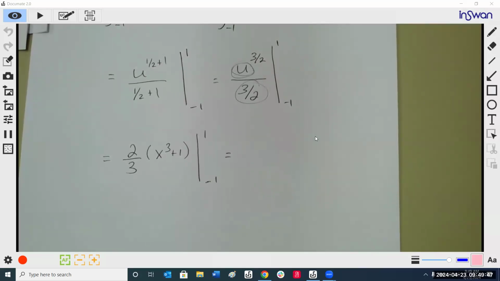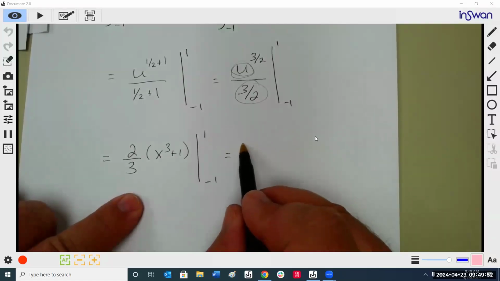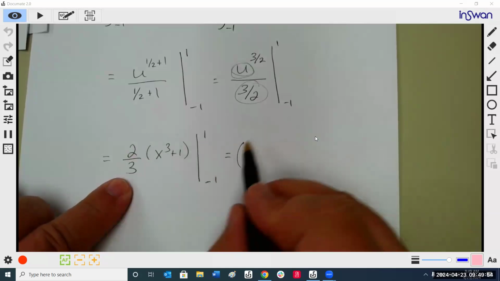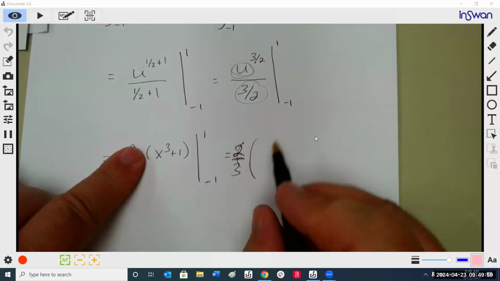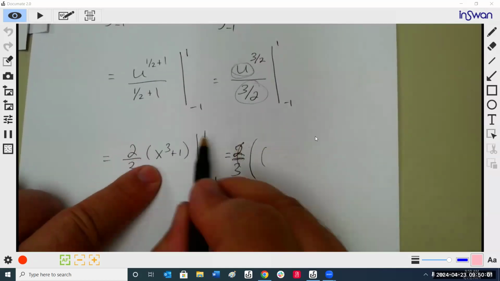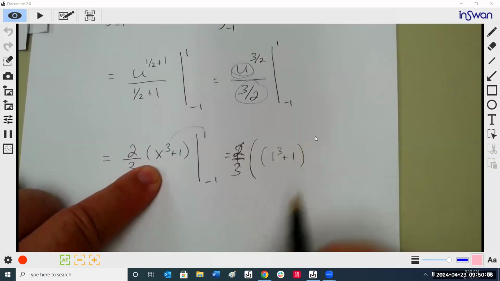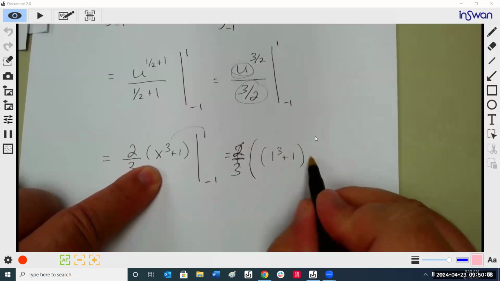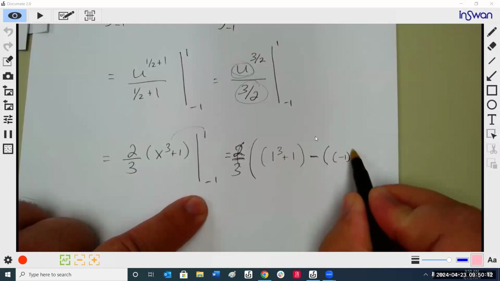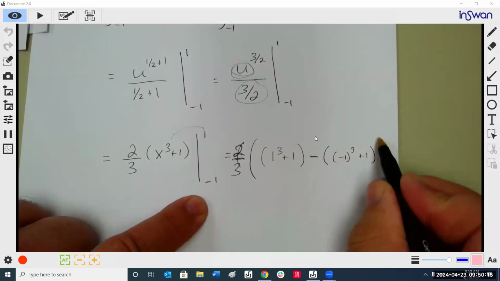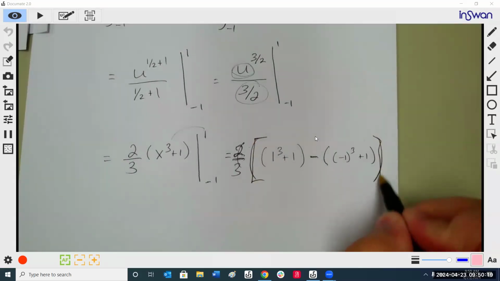Now what do we do? Start with the top one. We leave the 2/3 out in front. It's a constant. So I take the 1, put it inside the equation, minus the -1 inside the equation. Brackets.